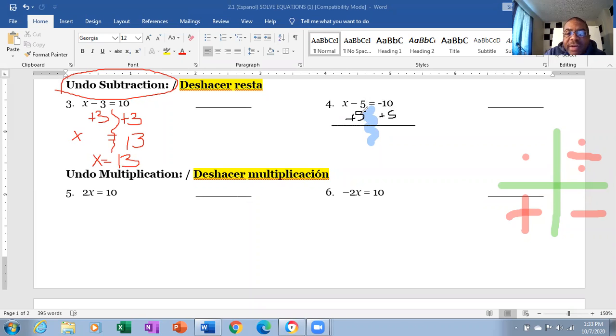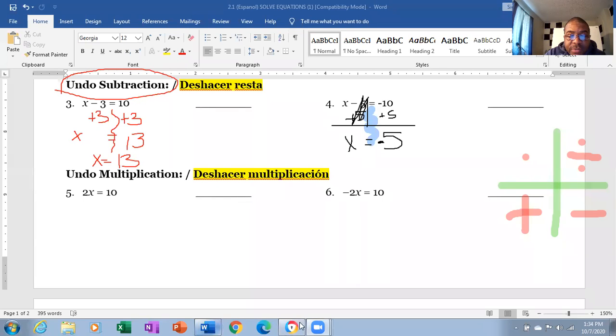Negative 5 and 5 cancel out. It's really 0, right? So now we have x equals negative 10 plus 5. If you owe somebody $10 and you pay them 5, how much do you still owe them? You still owe them $5. So negative 10 plus 5 equals negative 5. Negative meaning you still owe them $5.